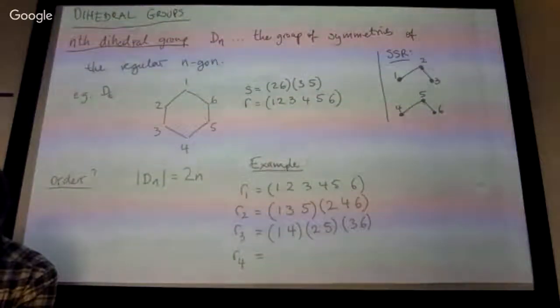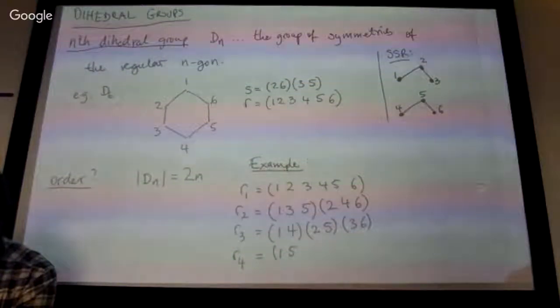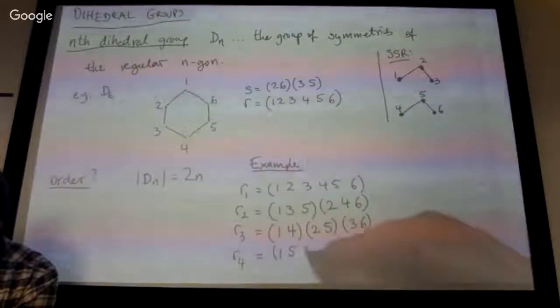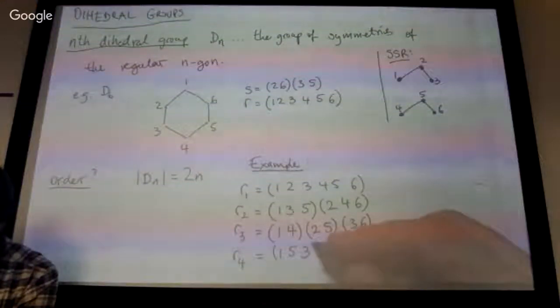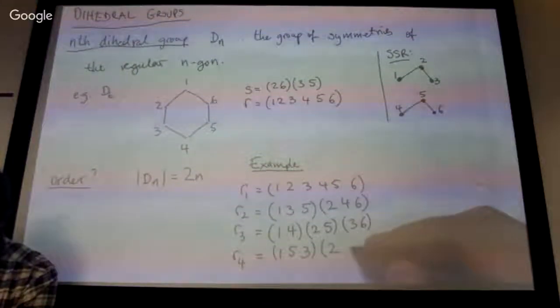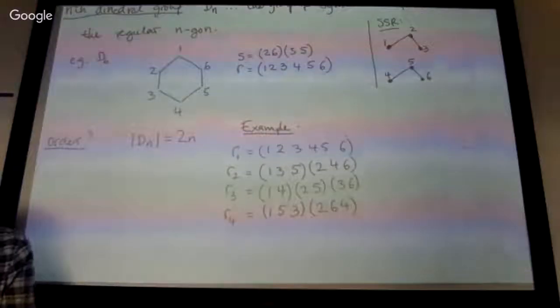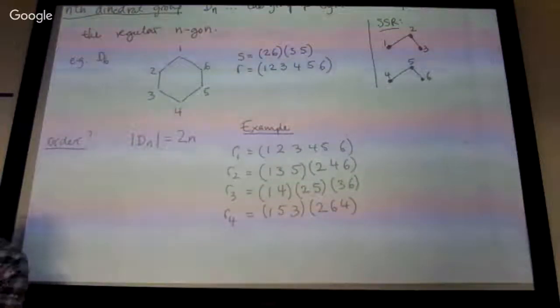1 to 5, 2 to 6, 3 to 1. You have to continue. 1, 5, 3, 2, 6, 4. If you're doing the cycle notation, you can't jump to 2 before you get there.